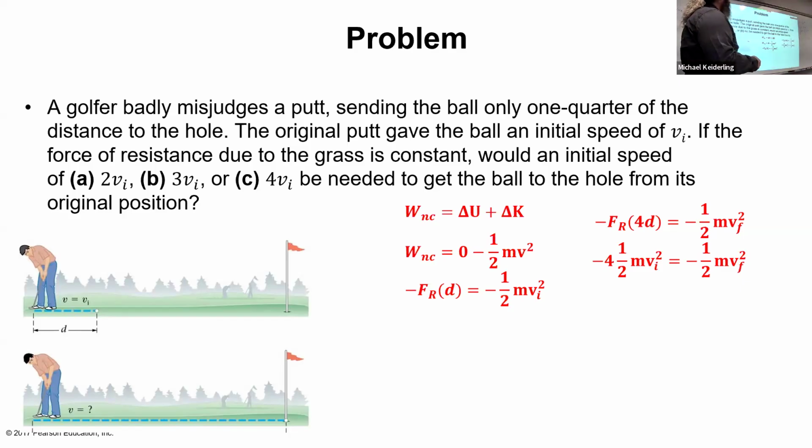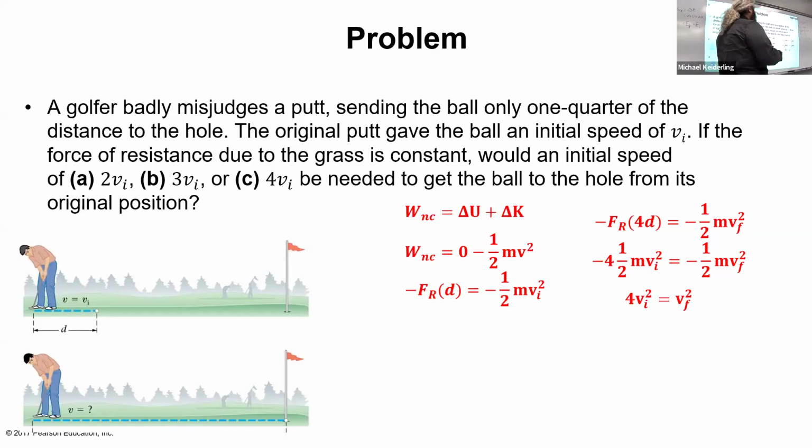So 4 times a half. So if we pull out the 4, we have minus force resistance times d. We can replace that with minus 1/2 mv initial squared. And so we get minus 4 times 1/2 mv initial squared equals minus 1/2 mv final squared.